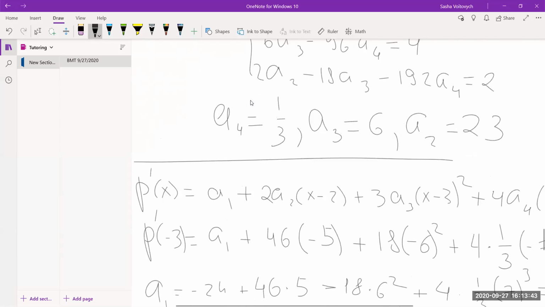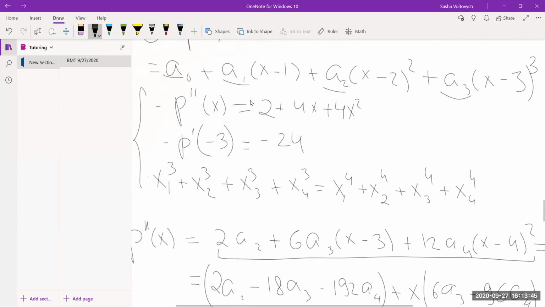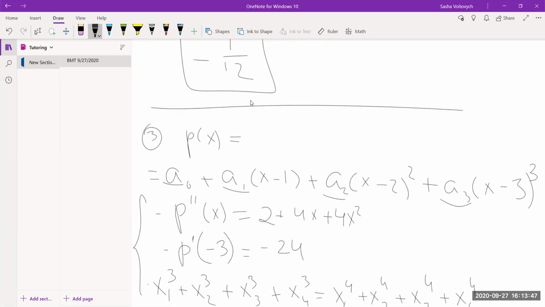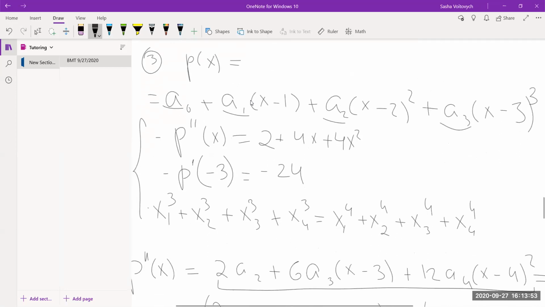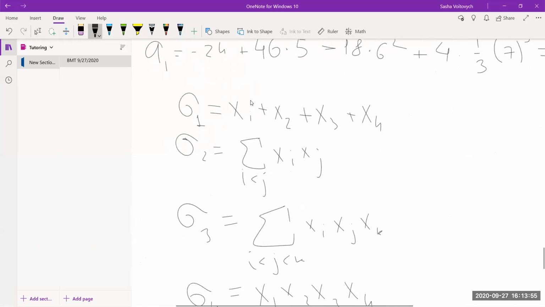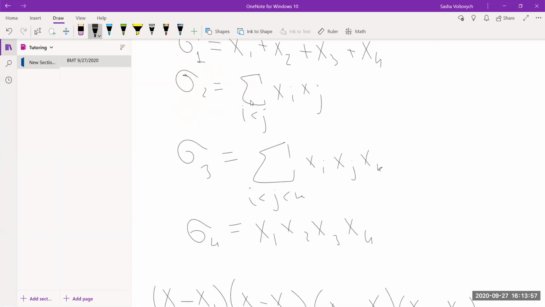This is helpful because we already know all coefficients except for the first one, for A0. So we know sigma 1, sigma 2, sigma 3. We know all sigmas except for sigma 4. So let's just calculate the values of sigma 1, sigma 2, sigma 3. Okay.